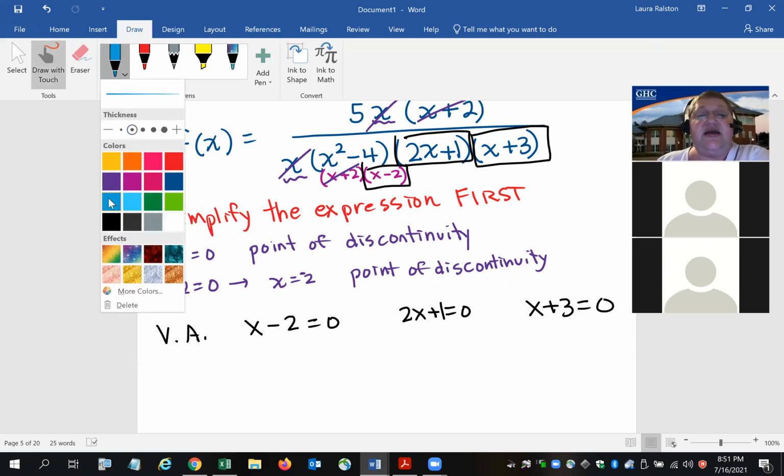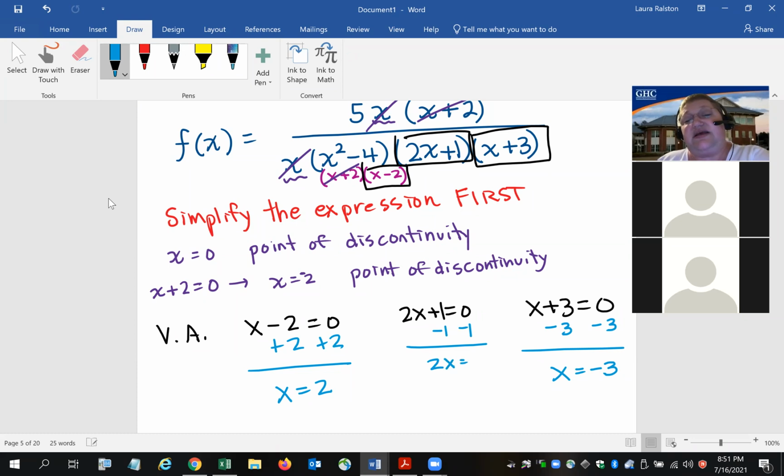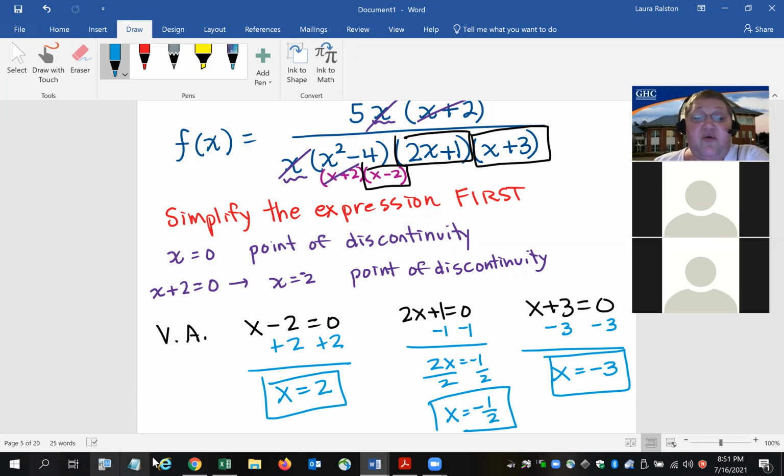Good old basic algebra. Add 2 to both sides: a vertical asymptote at positive 2. Subtract 3: x equals negative 3. The other requires a little more work: 2x equals -1, divide by 2, so x equals -1/2.